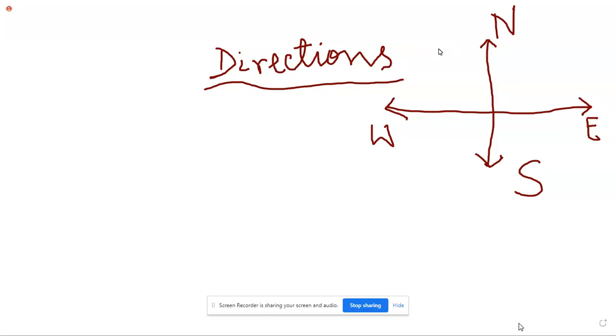Then it is also important that you are able to distinguish between left and right. For example, if I am moving in the north direction, students, then my left is in the west.